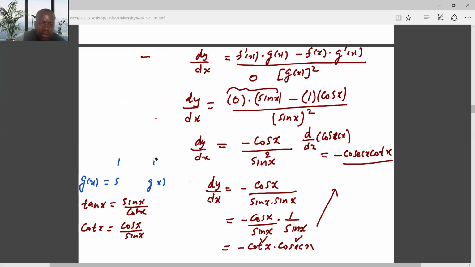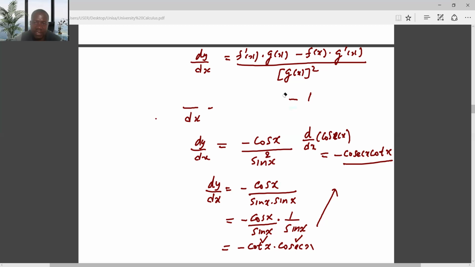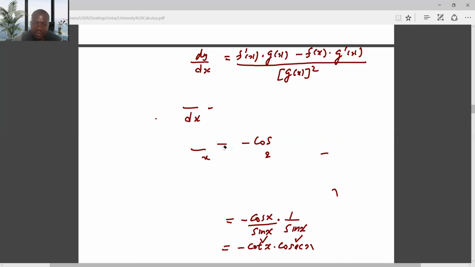How about if you want to differentiate sec in terms of cosec, ladies and gentlemen? We've seen that the derivative of cosec is negative cosec x cot x, according to the proof.